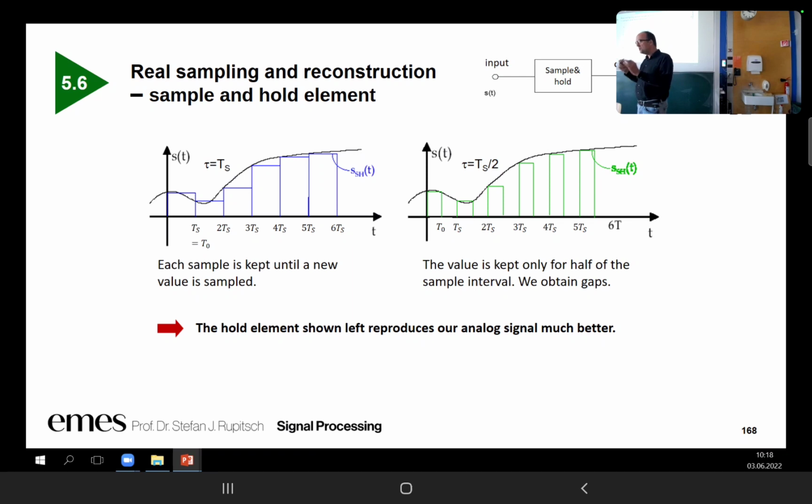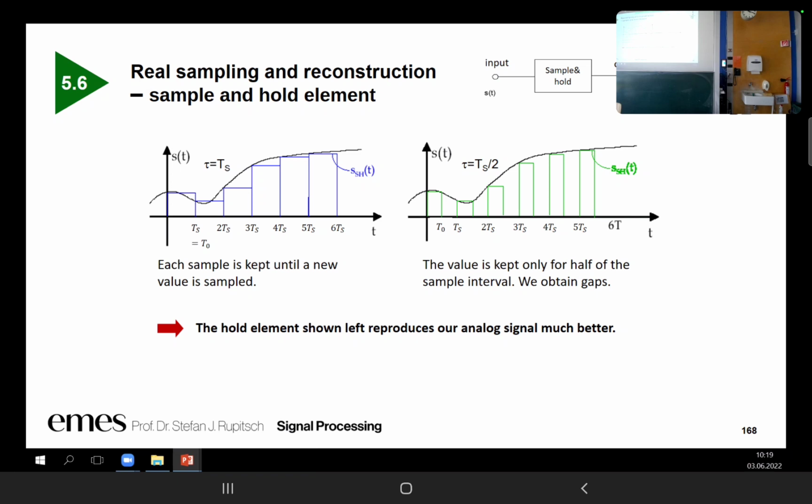It's not equal, but it's already similar, and it contains almost the same energy. In case of Dirac pulses, we would not have the same energy because we are not able to produce infinitely small pulses weighted with a height of infinity.